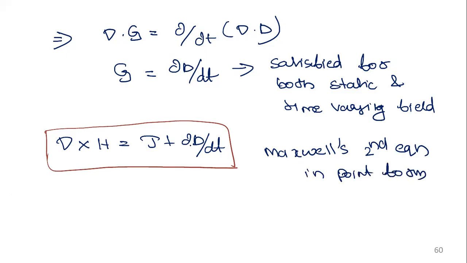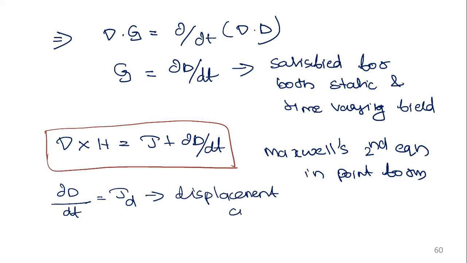And then we say dou D by dou t, that particular term is called JD, that is the displacement current. So this is the displacement current JD, and now we can integrate the equation on both sides, because we need the Maxwell equation in integral form, right?